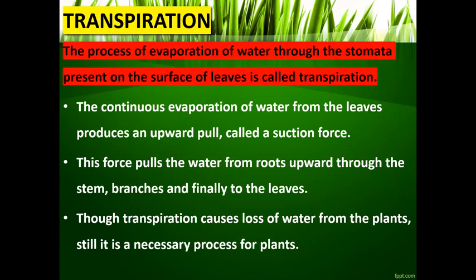The continuous evaporation of water from the leaves produces an upward pull called a suction force. This force pulls the water from roots upwards through the stem, branches, and finally to the leaves. Though transpiration causes loss of water from the plants, still it is a necessary process for plants.